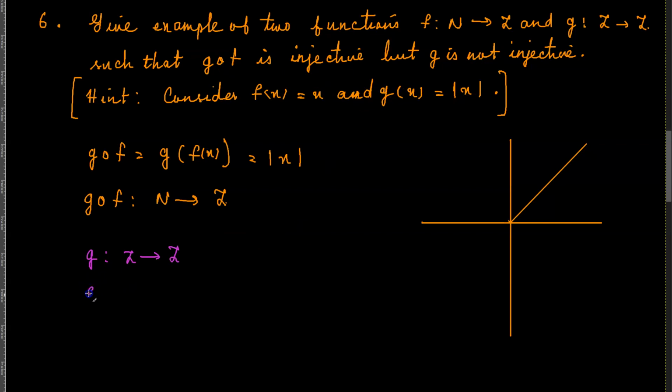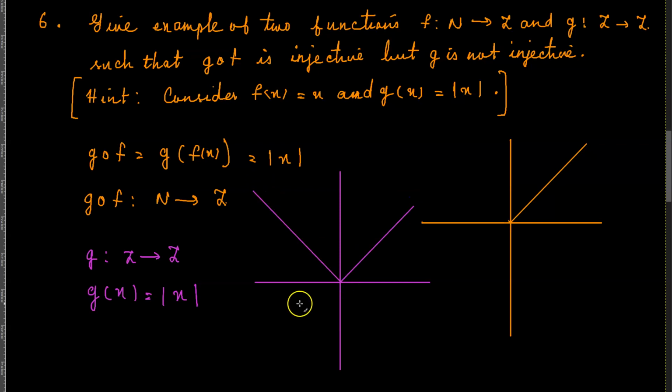And g of x is equal to the absolute value of x, meaning that you have a function like this, both the parts of the function, and your domain is all of these integers, negative and positive and 0, and your range is all of these integers. And of course, you can see that this output can be mapped to this point and to this point of the function, meaning that these two points have the same output, but the inputs are not the same.